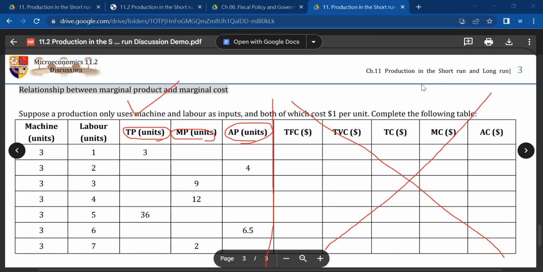Trang Nhật Hiền, are you here? Yes. Can you tell me the MP and AP for the first neighbor?